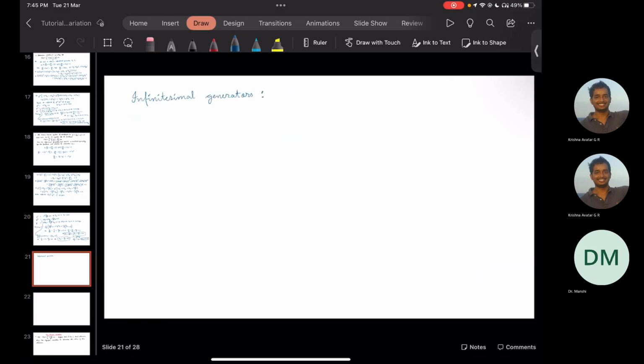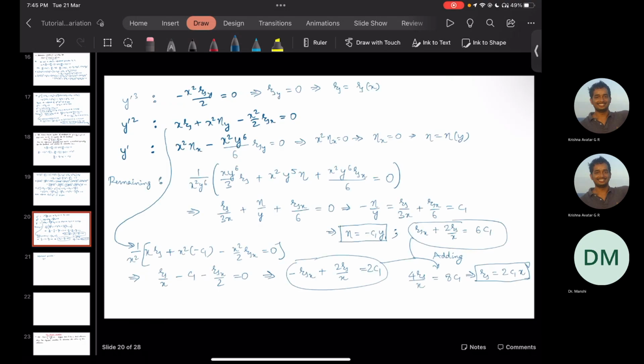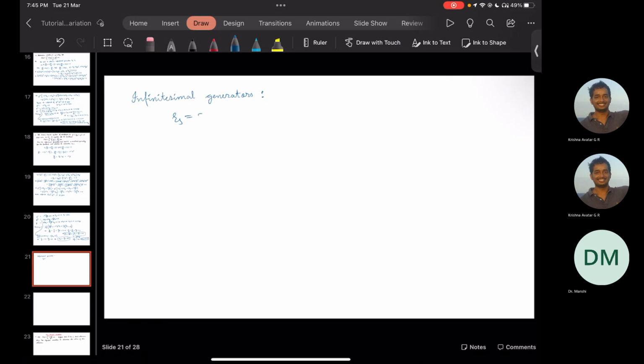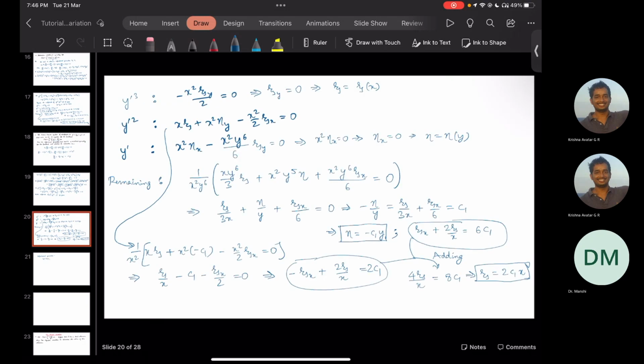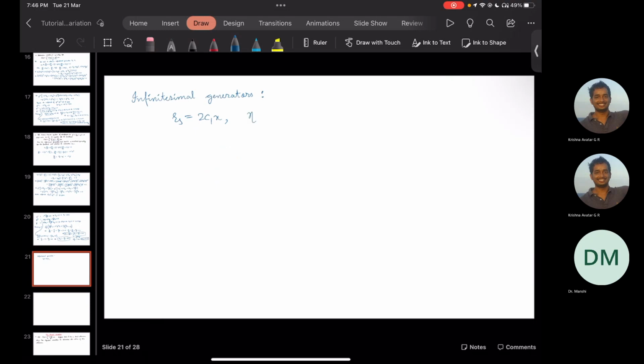What are these? We have xi is equal to 2c1 x and eta is equal to minus c1 y. Okay. So let's form the conservation law.